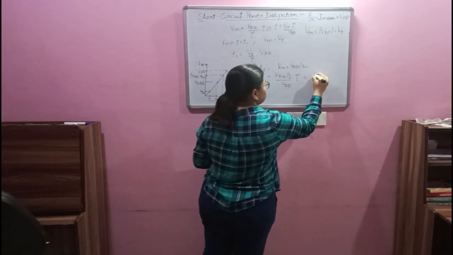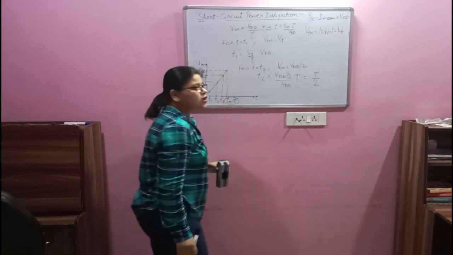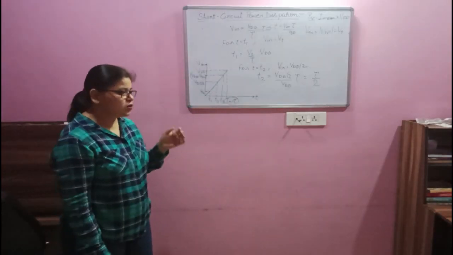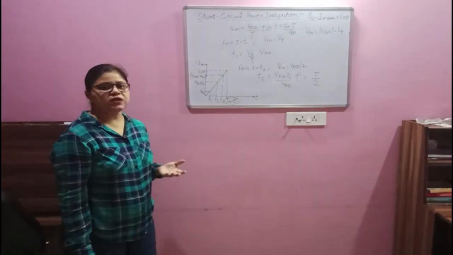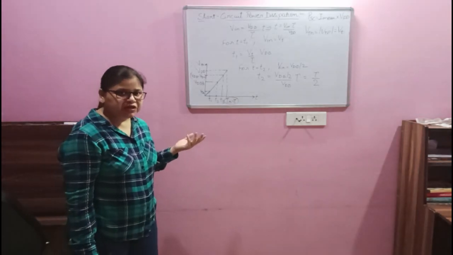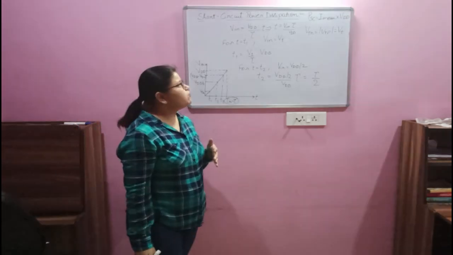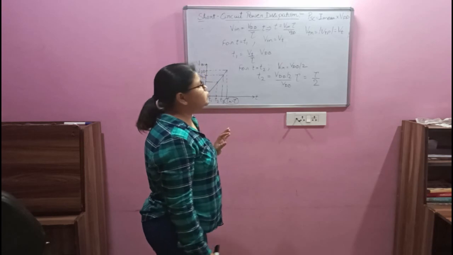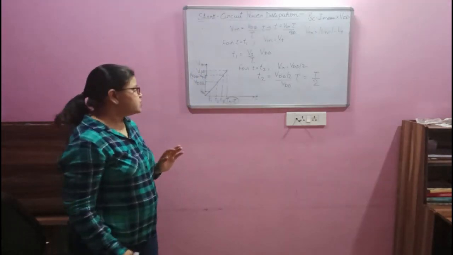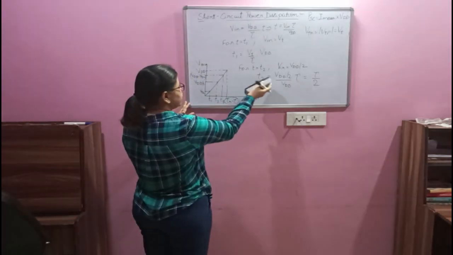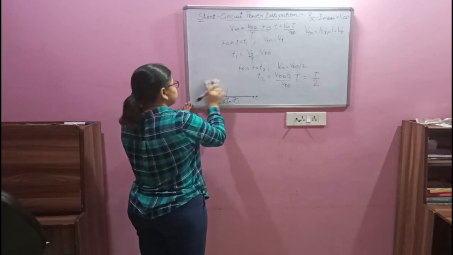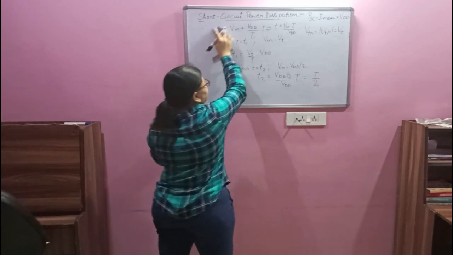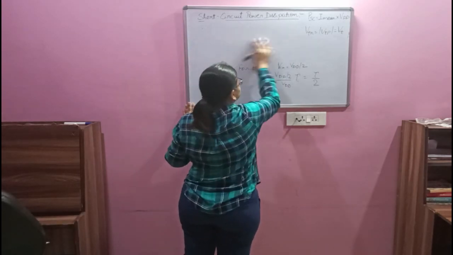So this will be written as tau by 2. Now we know the limits also. Now we can integrate the mean current equation, and then we can find the expression for the short circuit power dissipation. So keeping these limits in mind, I will do the integration of the mean current now.